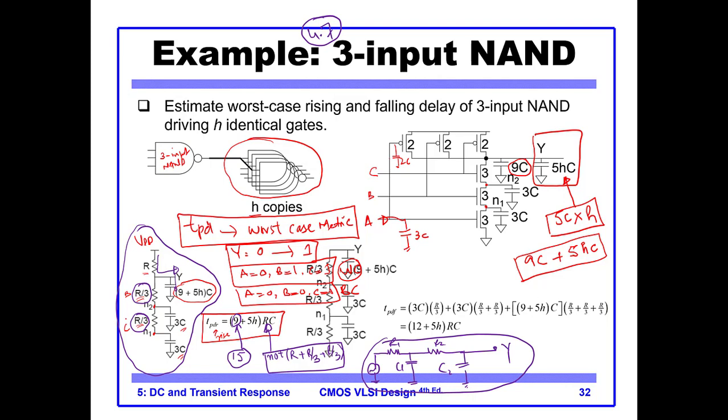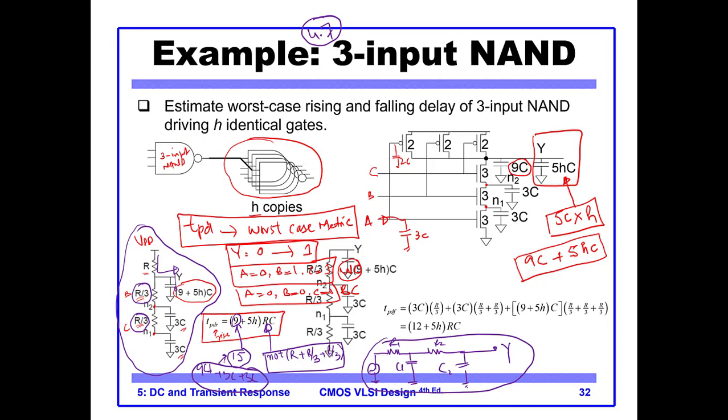So we have a propagation delay of rise equal to 9C plus 3C plus 3C. When you add all these, it gives us 15C. So the total propagation delay is 15C plus 5H into RC.